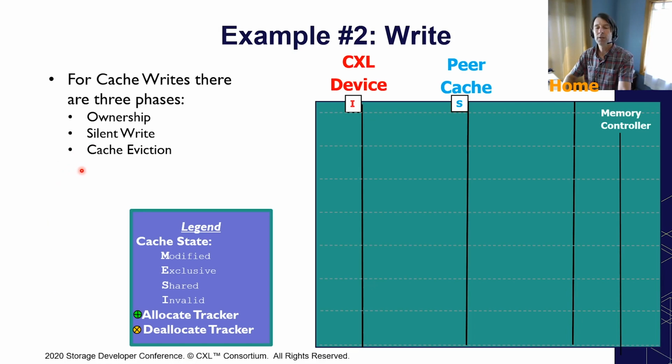And then at some point after that, the cache will be evicted. So let's go through how each of those flows look. I should also mention we have this legend at the bottom, just to remind you of the 4 cache states we talked about, modified, exclusive, shared, and invalid, and we have these green X and orange X to indicate tracker allocation in the devices and home, and tracker deallocation.